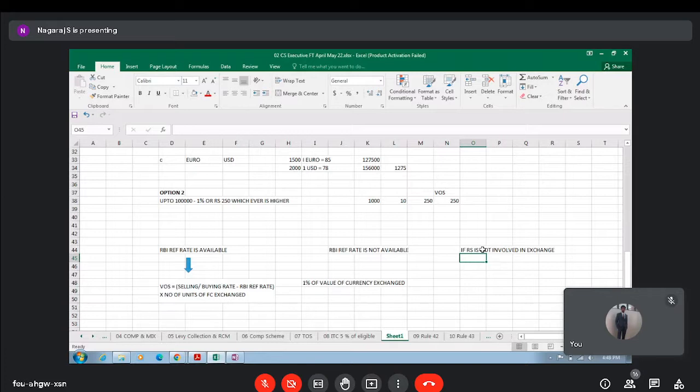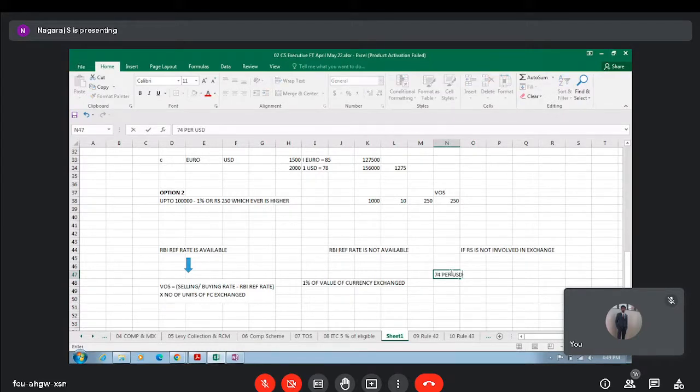Are you guys understanding? You are exchanging two different currencies. Yes, sir. When there is no rupee involved. Okay. In that case, that means if per dollar is 74 rupees and per pound is 85 rupees. Per dollar is how much? 74 per dollar.